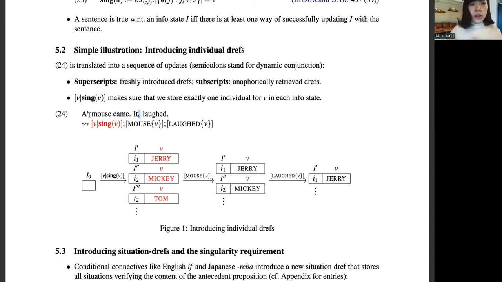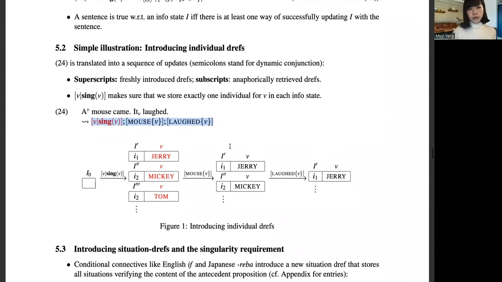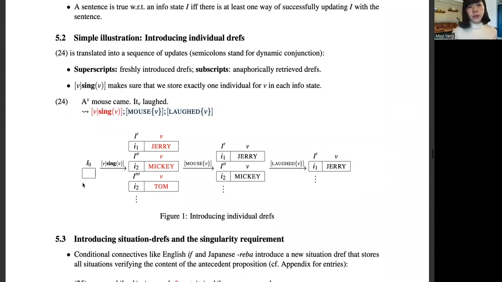So the sentence here is going to be translated into a sequence of updates. Let's suppose that we start in the discourse where we haven't introduced anything. So that will be I0. Then I'm going to assume that in this case, singular indefinite articles will come with a singularity requirement.